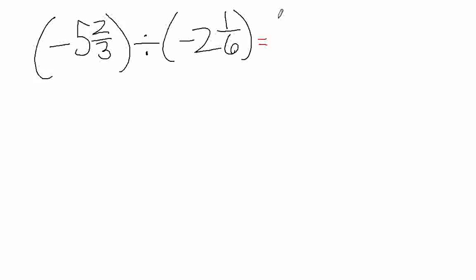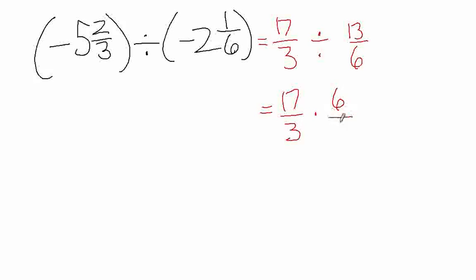So this is equivalent to 17/3 divided by 13/6, which is equivalent to 17/3 times 6/13. And I'm going to want to replace the 6. 6 is equal to 2 times 3, so I'm going to cross out the 3's and leave the 2.